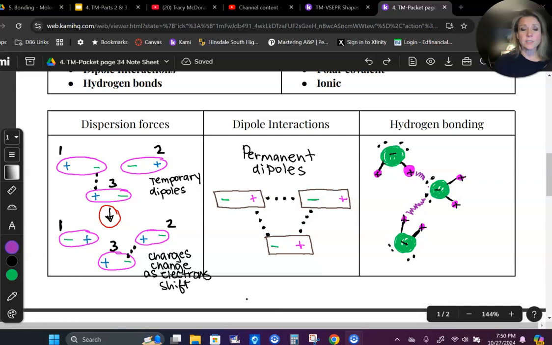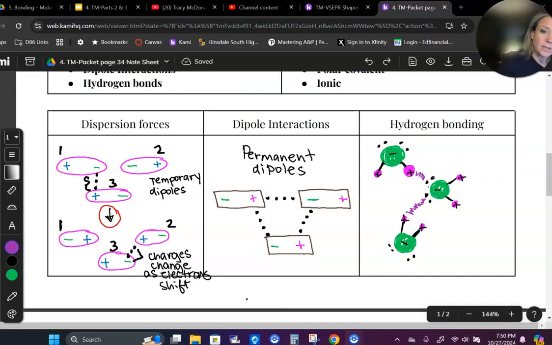But with the temporary dipole, the negative side on one molecule will be attracted to the positive side on the other. So above the arrow, temporary dipole number 1 is attracted to temporary dipole number 3, and then below the arrow, after the electrons shift places, temporary dipole number 2 is attracted to temporary dipole number 3.